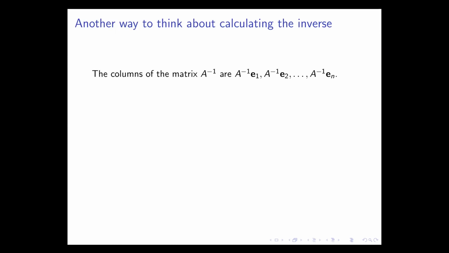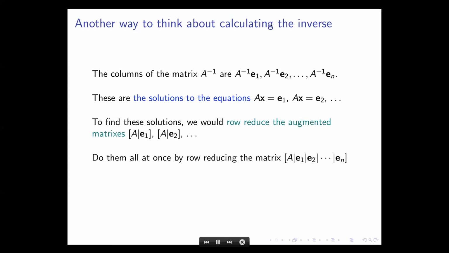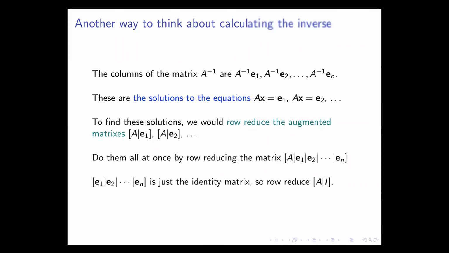Another way to think about the inverse is to look at the columns of the matrix A to the minus 1, right? The columns of A inverse are A inverse acting on e1, e2, and so on up to en, where the e vectors are the vectors of the standard or canonical basis in Rn.